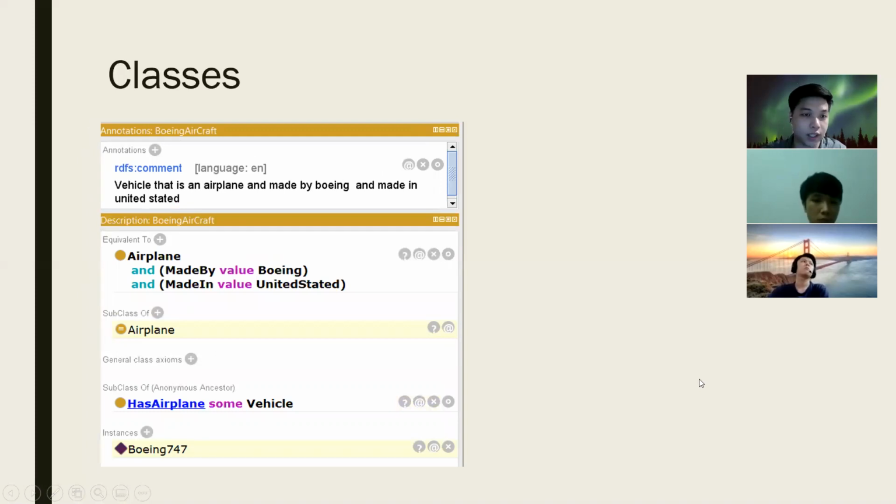The sixth one is the Boeing aircraft. Boeing aircraft is to indicate the airplanes which are made by Boeing and made in United States. Also, only an airplane can fit with the Boeing aircraft after we run the reasoner.